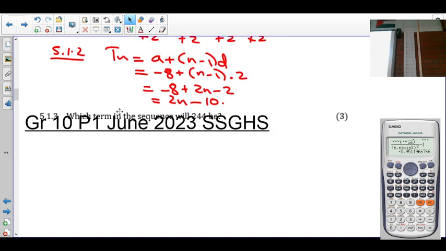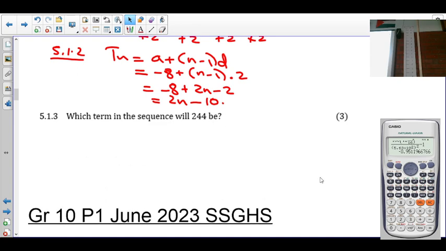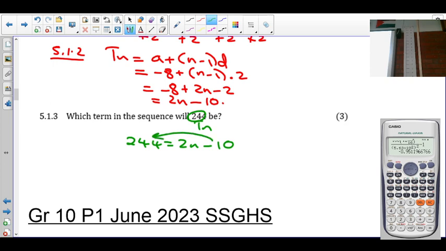Then they ask you which term of the sequence will be 244. So this is the nth term of the sequence. So if Tn is equal to 244, then 244 is equal to 2n minus 10. Take 10 over the equal sign, so 254 is equal to 2n.